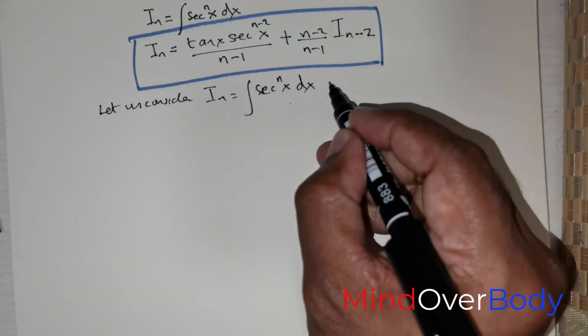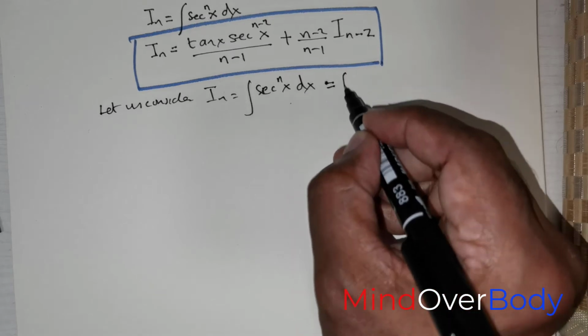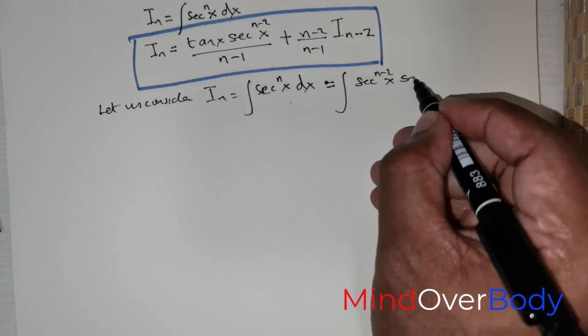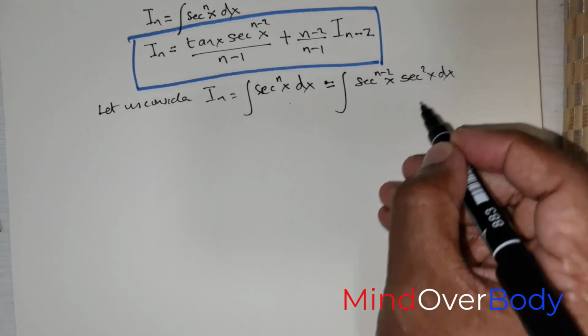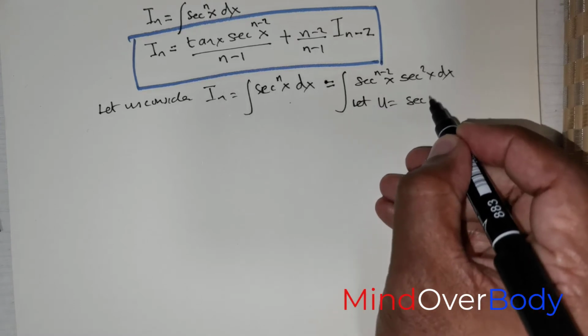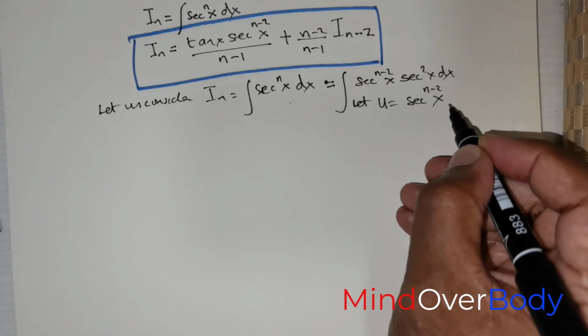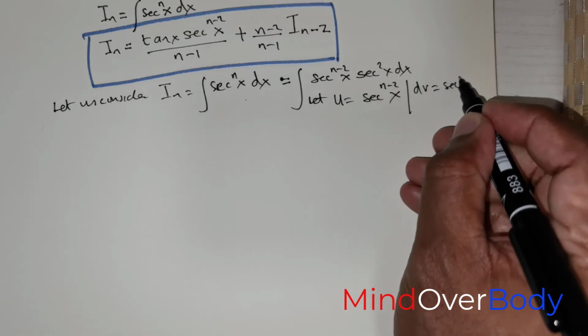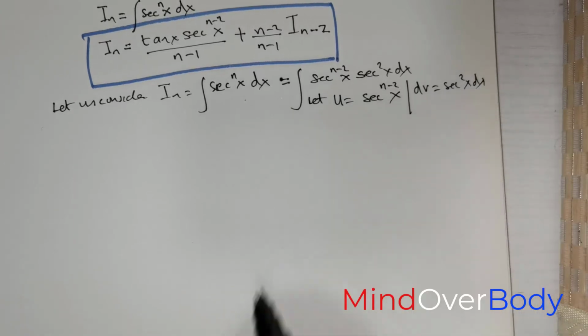Now we will rewrite this as the integral of secant^(n-2) x times secant squared x dx. Now I would like to take u to be equal to secant^(n-2) x, and then I will take dv to be secant squared x dx.